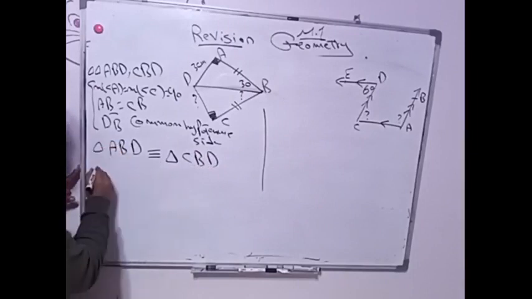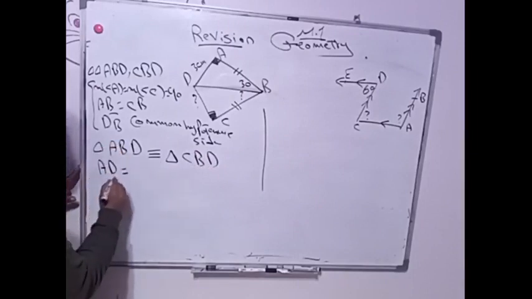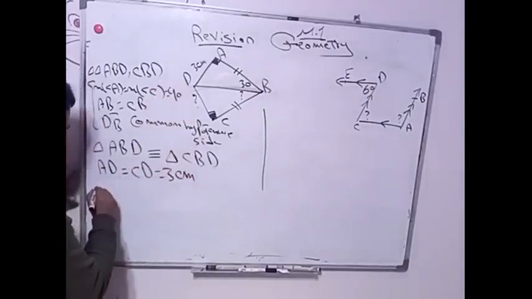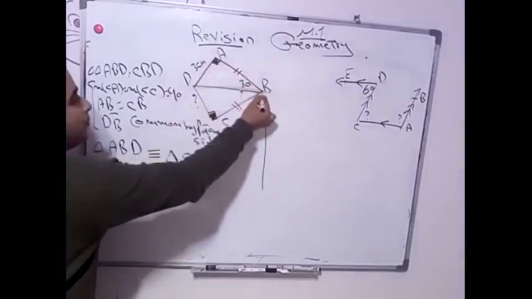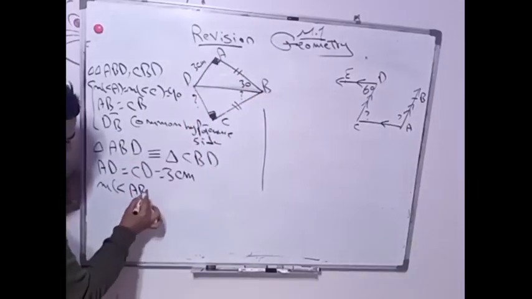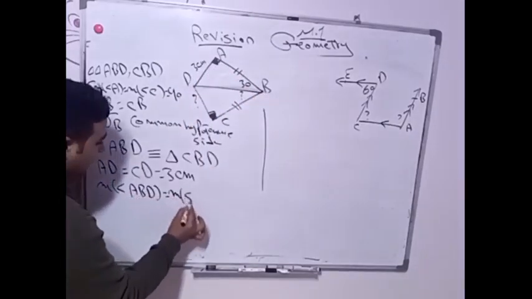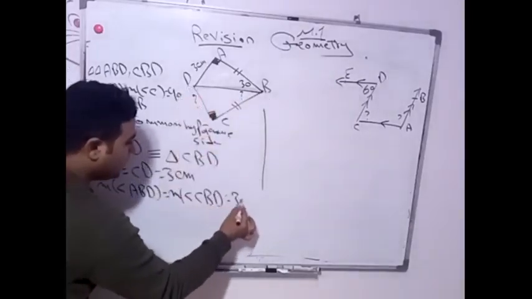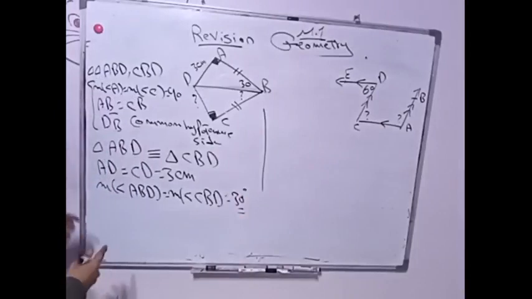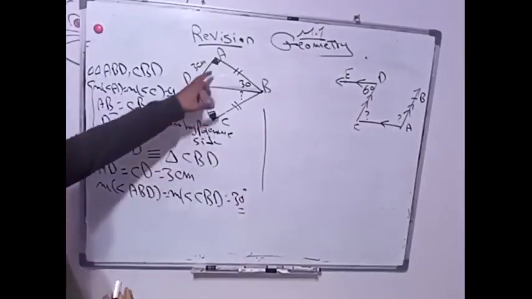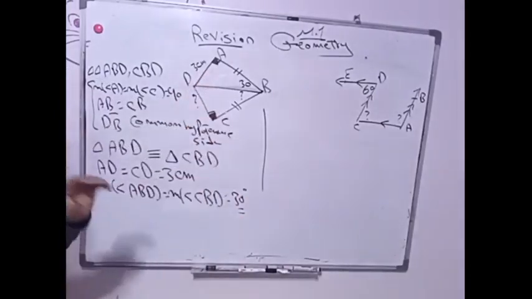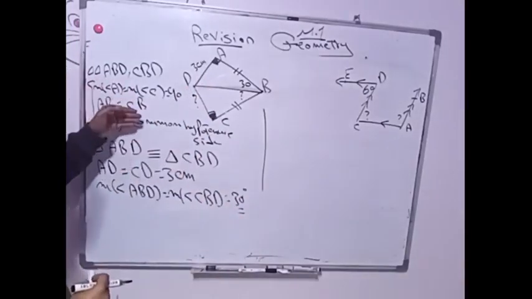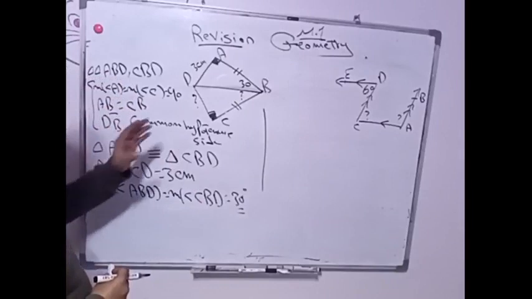So we have AD equal CD equal 3 centimeters, and I have measure angle ABD equal measure angle CBD equal 30 degrees. This is my requirement in this question. I have two congruent triangles, but take care, we must write three conditions to arrive at our congruence.